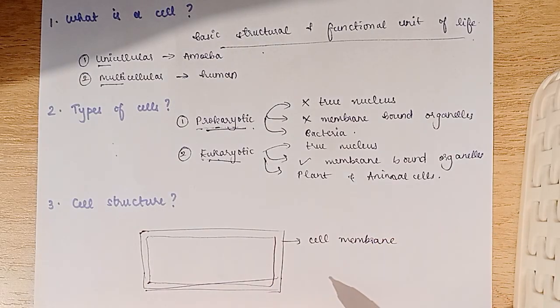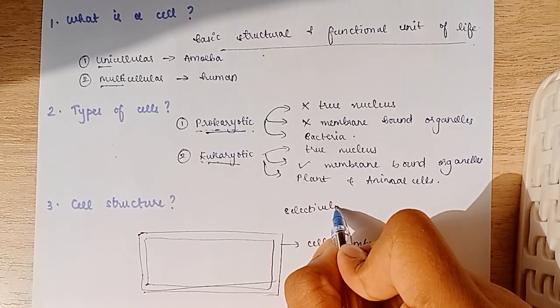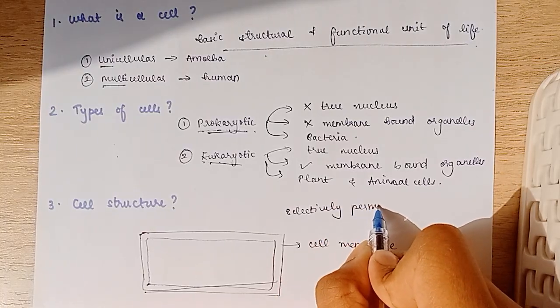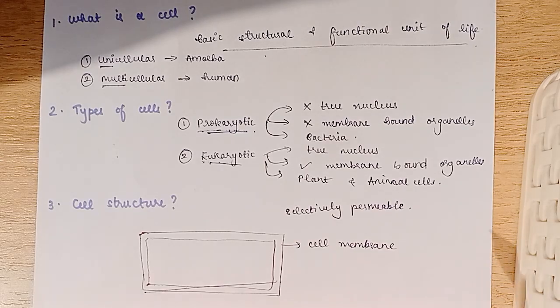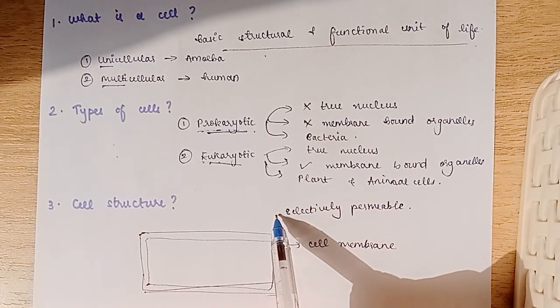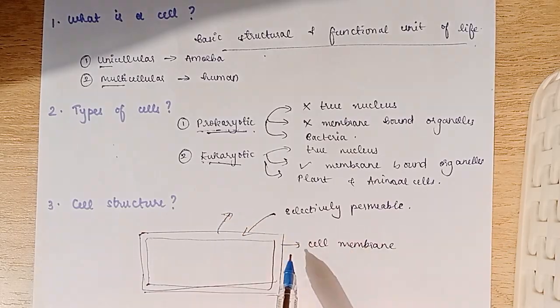It is a thin outer covering and it is selectively permeable. Selectively permeable means it only allows certain substances to enter as well as to exit. So that's why the cell membrane is selectively permeable.